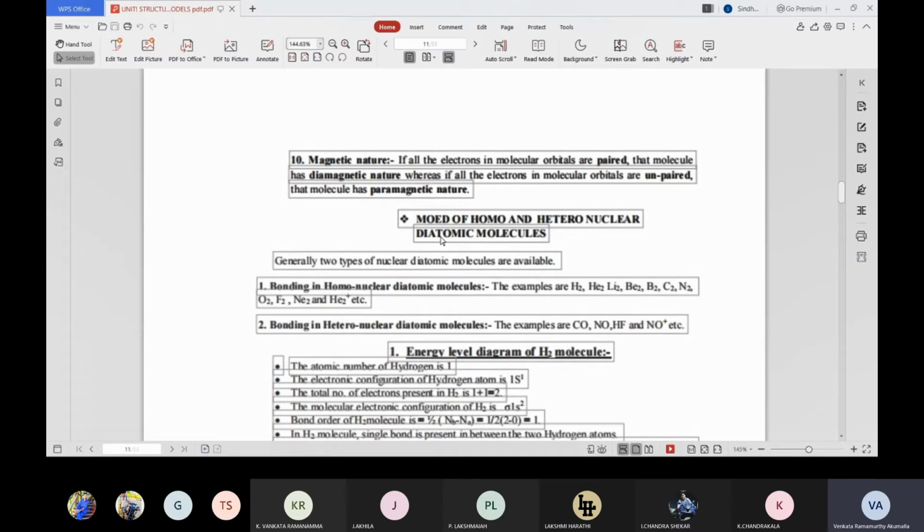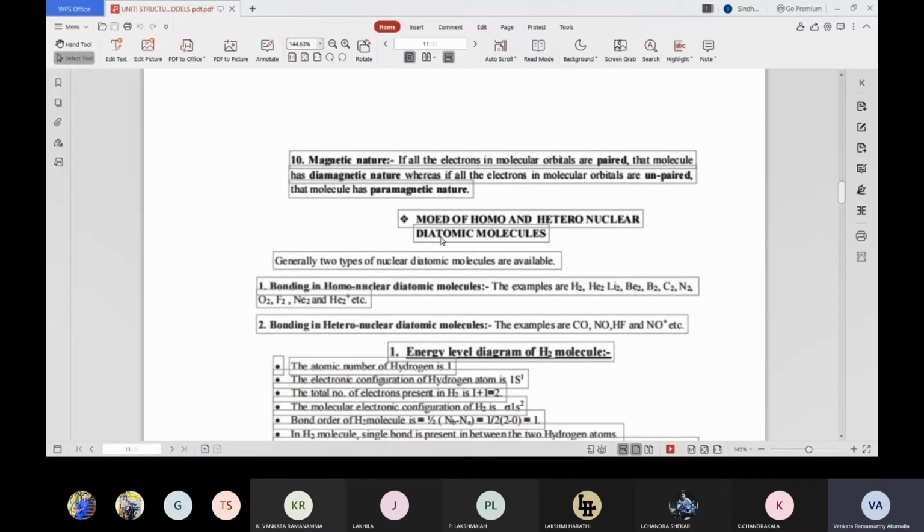So if the molecular orbital electrons are paired, that is diamagnetic nature. If the molecular orbital electrons are unpaired, that is paramagnetic nature.